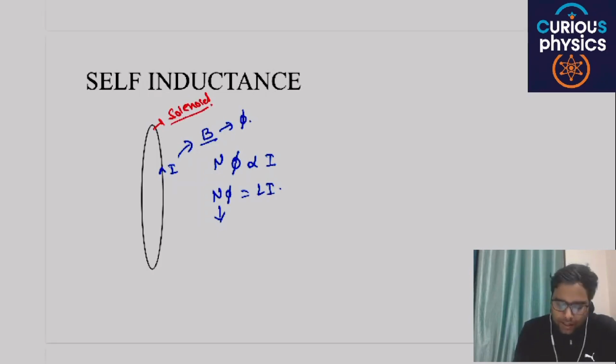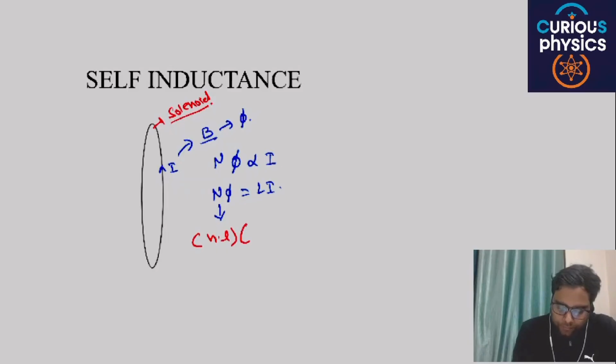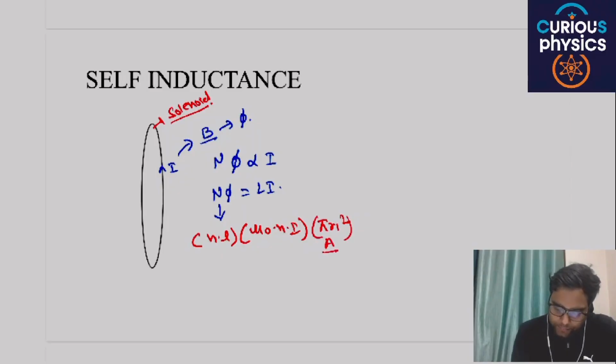Are you able to understand my point or not? This is a solenoid, then the capital N is nothing but small n into l, the total number of turns. The small n is the number of turns per unit length. Phi is magnetic field times area. Magnetic field inside the solenoid is mu naught n I, and area is pi r1 square, or simply you can say A. A is the area, and that's it.